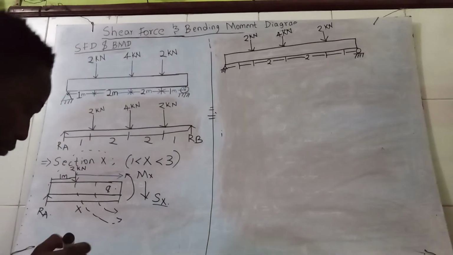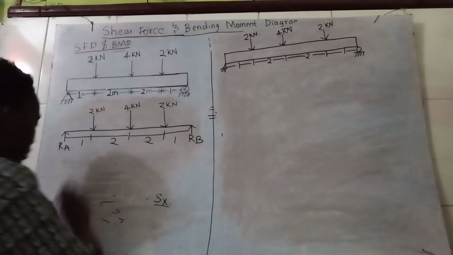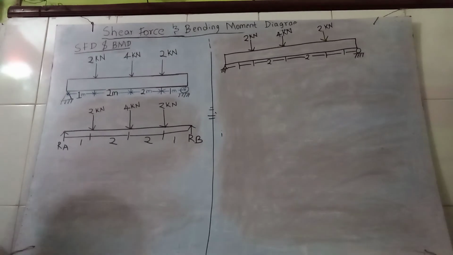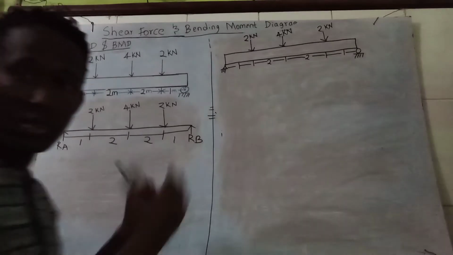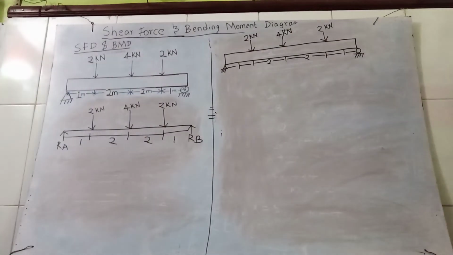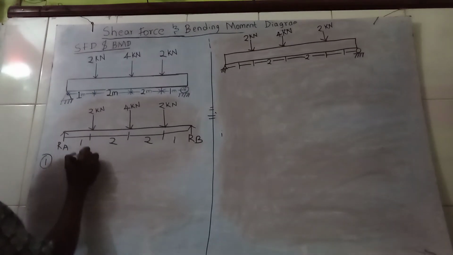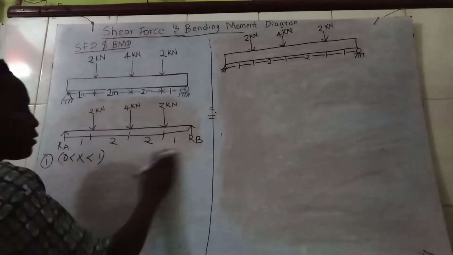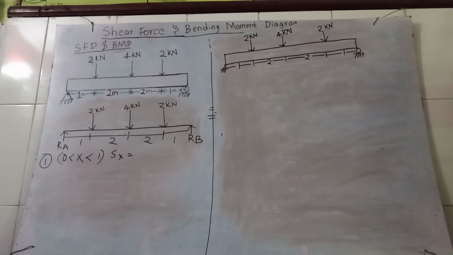All right, so I want to write the values that you got previously. So allow me to write. You had written them as we were working out the question. So for the first part, the section whereby x is less than 1 and greater than 0, we found Sx is equal to 4.